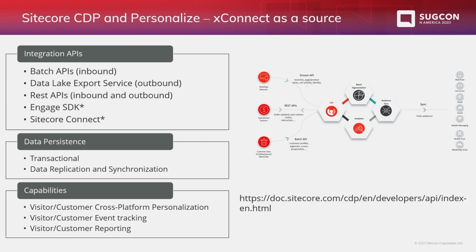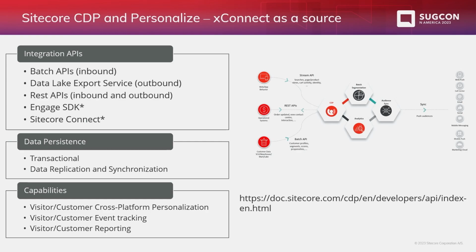In this case, data persistence is transactional, and we can do data replication or synchronization. So we can hydrate Sitecore CDP with our custom data and then do personalization based on that. And capabilities here are quite a few more. We can do visitor and customer cross-platform personalization. We can do visitor customer event tracking and visitor customer event reporting.